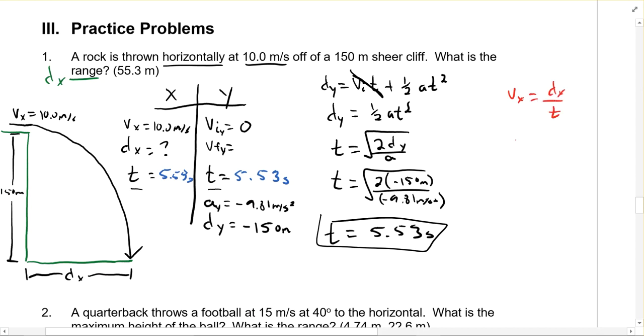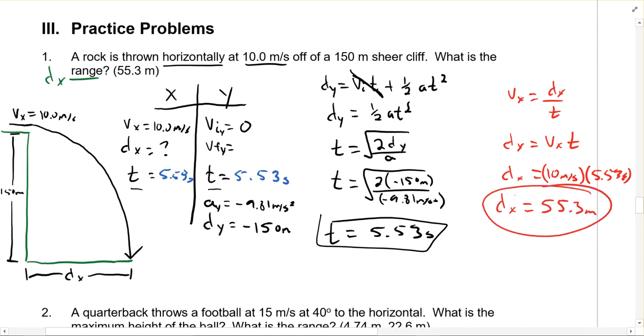If I'm looking for dx, that's dx is equal to vx times t. So dx is going to be equal to 10 meters per second times the time we just found of 5.53 seconds. So dx is going to be equal to 55.3 meters. And that's my answer.